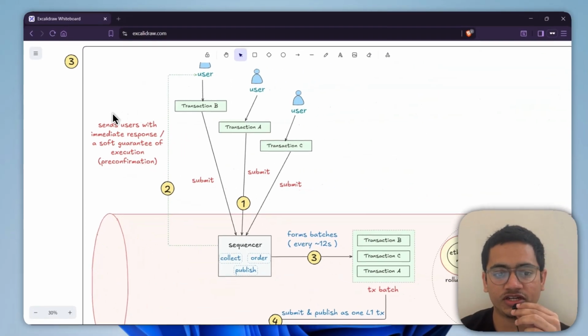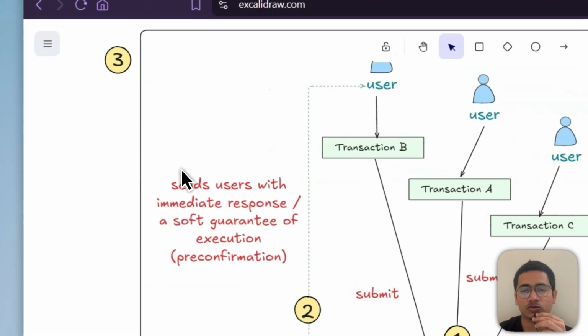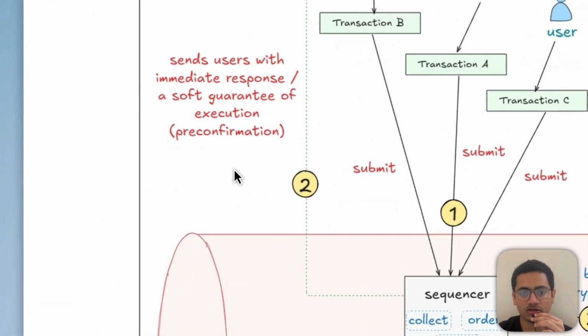Now, a pre-confirmation is nothing but a soft guarantee of execution. So it's the sequencer saying, hey, I've received your transactions and this is what will happen. But that doesn't mean the transactions are finalized yet. So they send a pre-confirmation to the user.